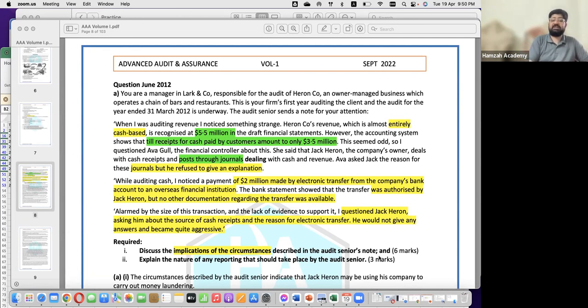Firstly, the next paragraph, firstly, its business is entirely cash-based. An ideal environment for money laundering.